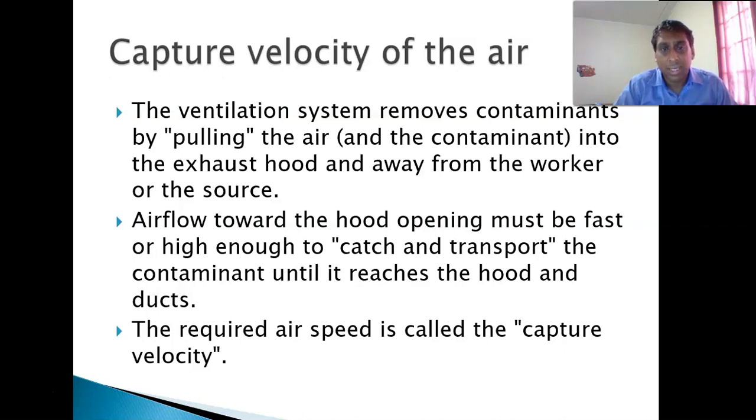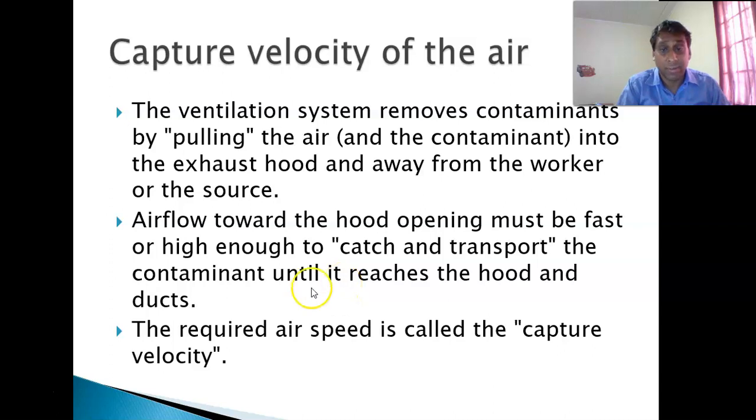So the ventilation system removes contaminants by pulling from the worker or the source. Airflow towards the hood opening must be fast or high enough to catch and transport the contaminant until it reaches the hood and ducts. The required airspeed is called the capture velocity.